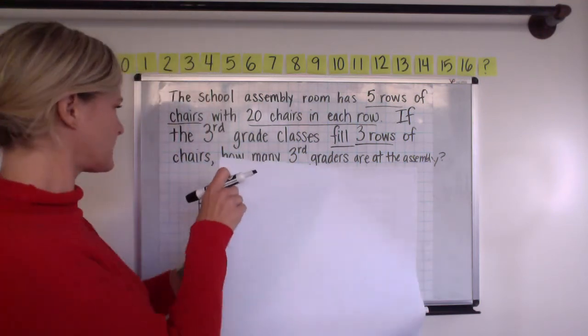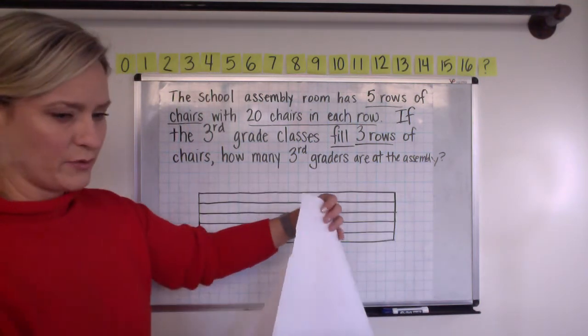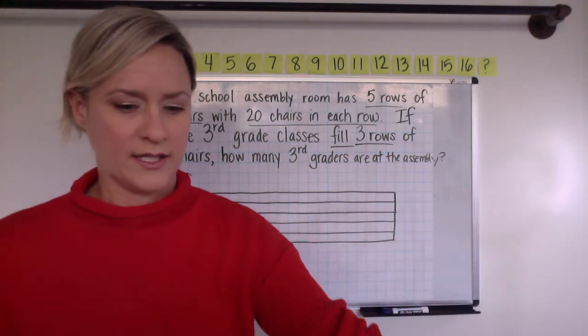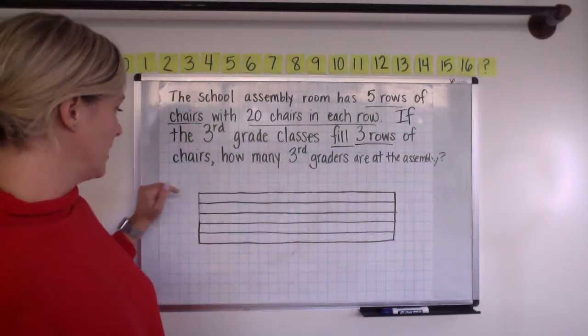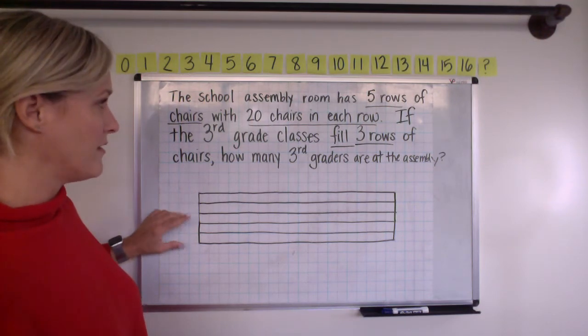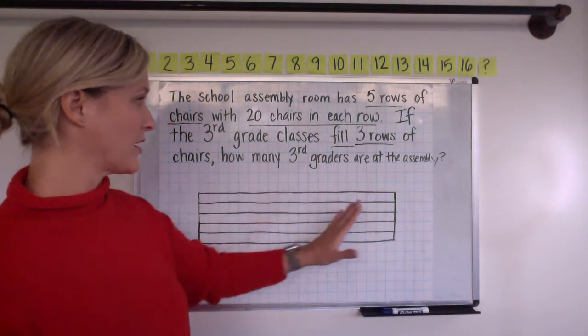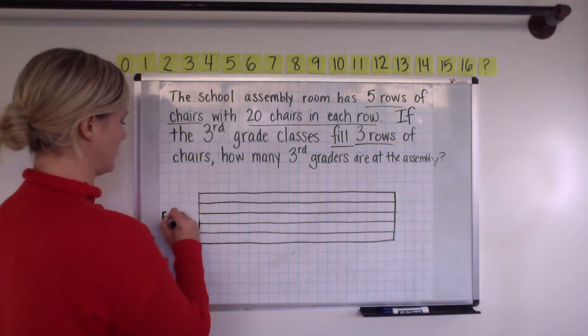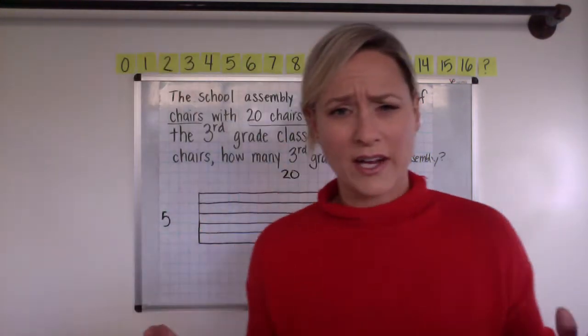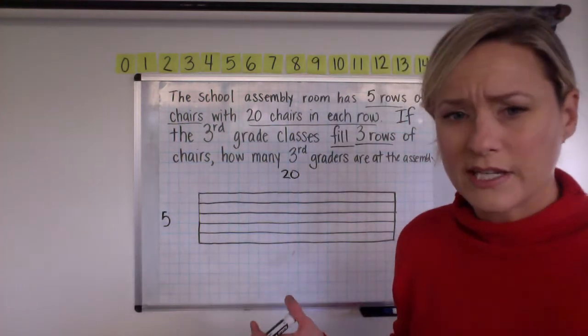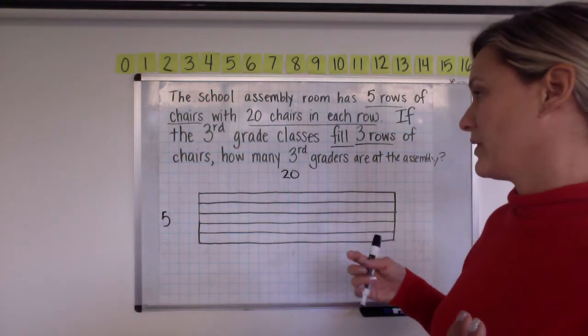Let's look. So here's exactly what the story is telling us. All right, so we've got 5 rows, 1, 2, 3, 4, 5 rows of 20 chairs in a row. Now maybe you're like, oh, I could count by 20s, or maybe you don't know how to count by 20s.